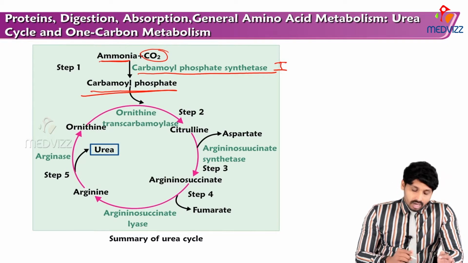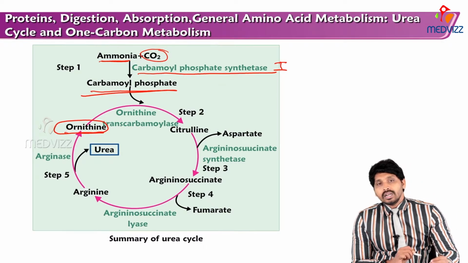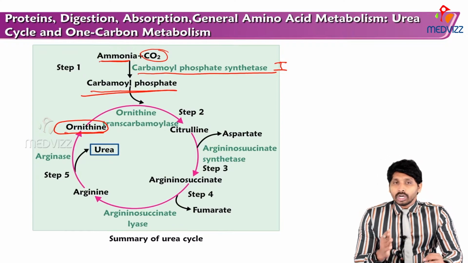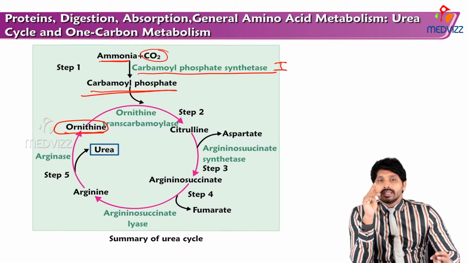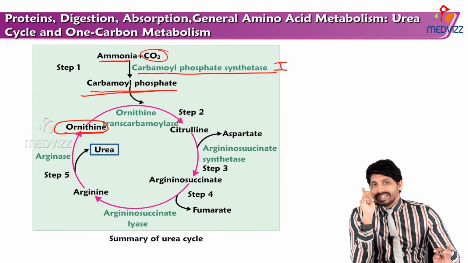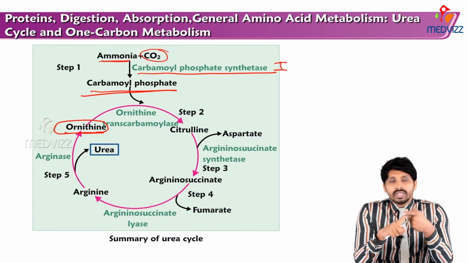In the next step, ornithine, the regenerative substance of the urea cycle, is involved. In the urea cycle, ornithine is involved in the second step, just as in the TCA cycle oxaloacetate is the first to be involved and the last to be regenerated.